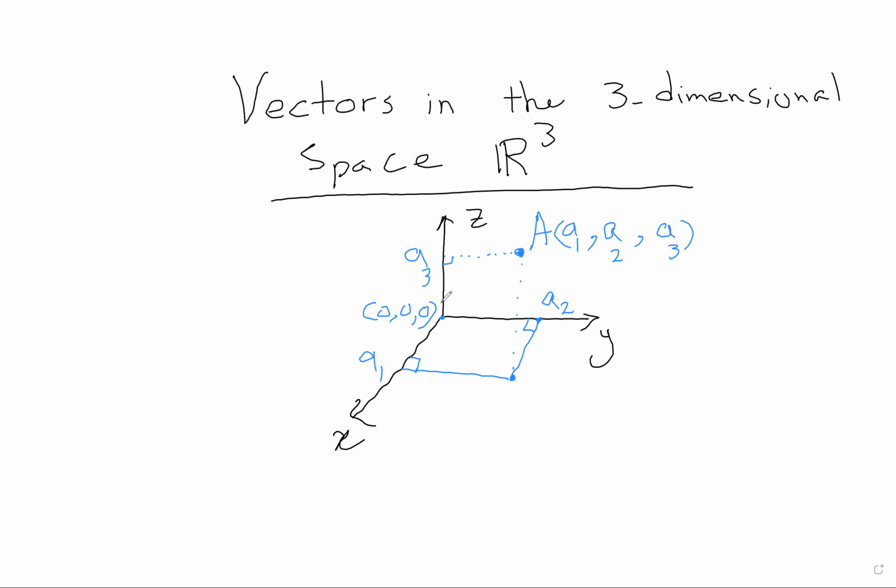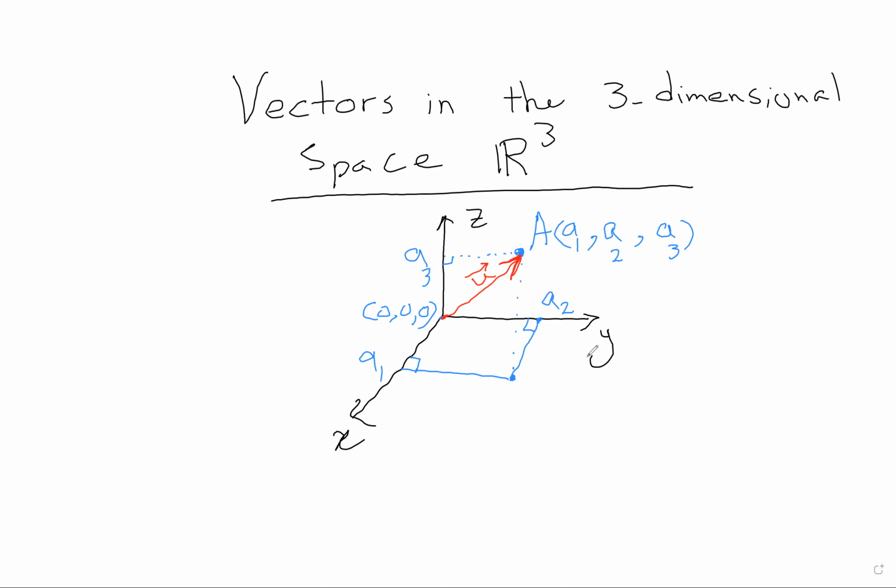So the vector that starts from 0, 0, 0 and terminates at the point A, this vector. Let me show it by bold U, or let me put an arrow on that to emphasize it's a vector.